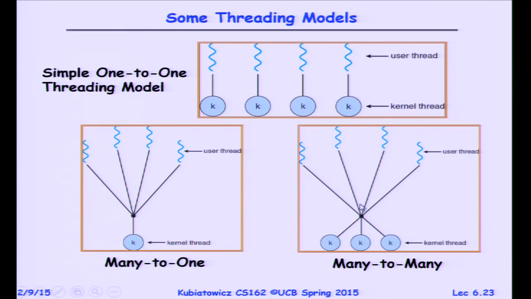So, you mean this top one? Yeah, what about it? There are multiple user threads. If there's a switch between those user threads, does nothing happen in the kernel? That's the interesting thing here. From the standpoint of the kernel, it's just running a program.